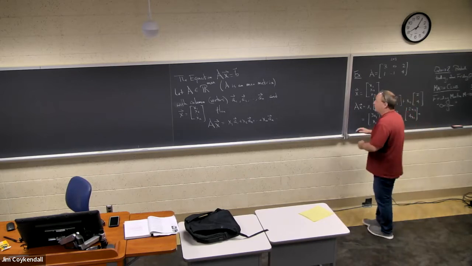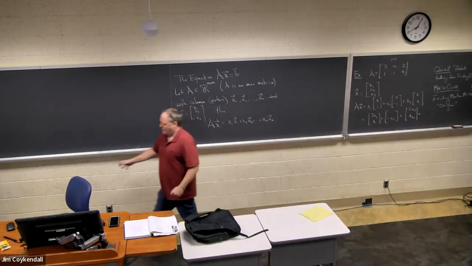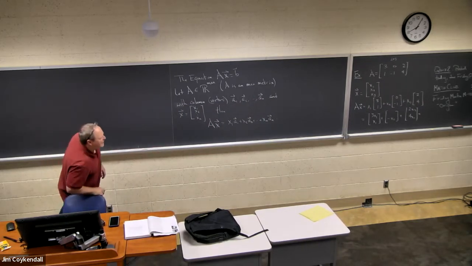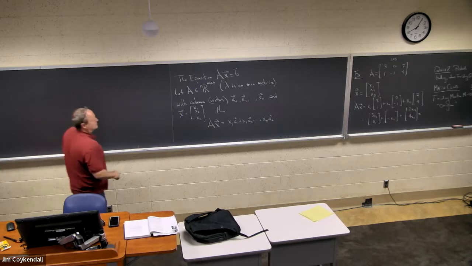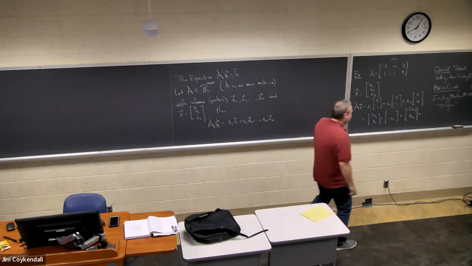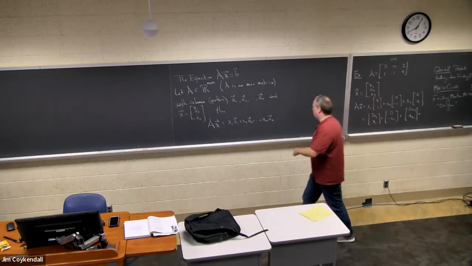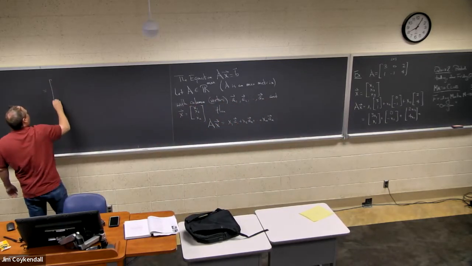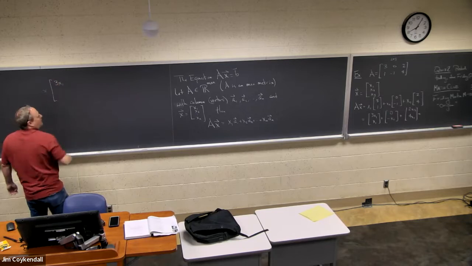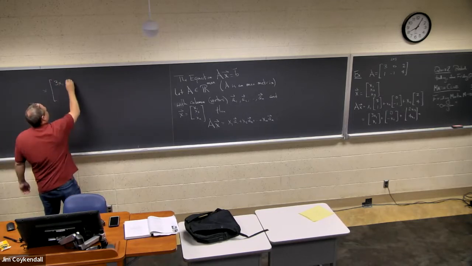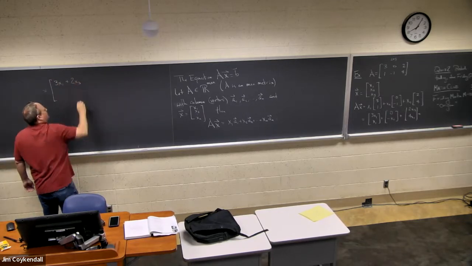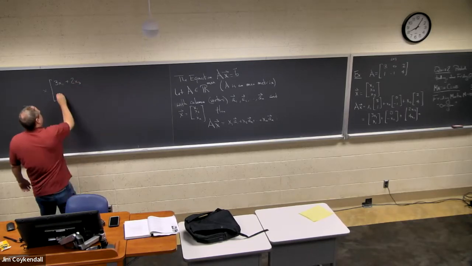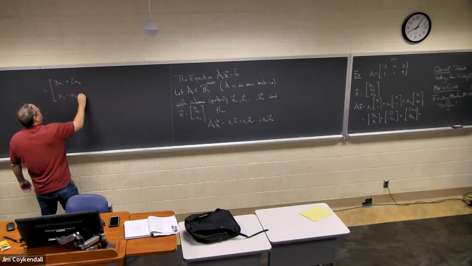So you actually could write this as the single vector: 3x1 plus 2x3, and then my second entry would be x1 minus x2.